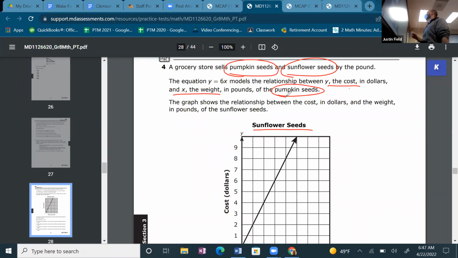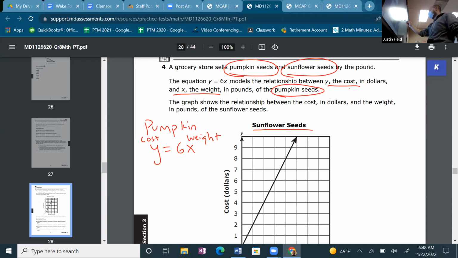We have a pumpkin equation. So pumpkin. But still, this is cost. This is weight. All right. Okay, so now that's what we have. So what do we want to know?